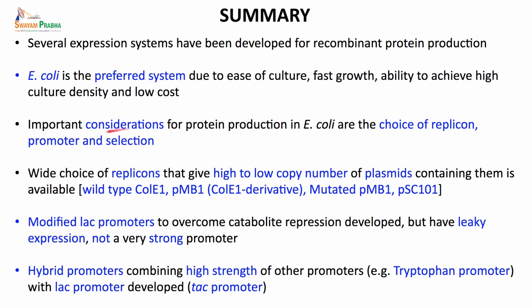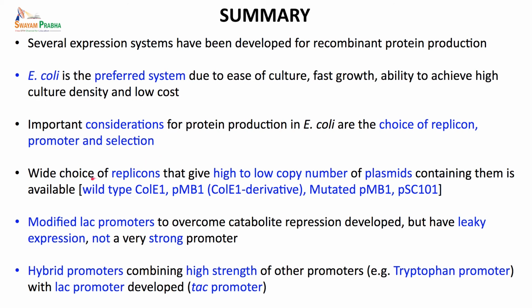Then there are three very important considerations when you are using E. coli. For the vector that you use, you have to think about what kind of origin of replication this vector has, what kind of promoter the vector has, and what is the selection criteria for this particular vector.